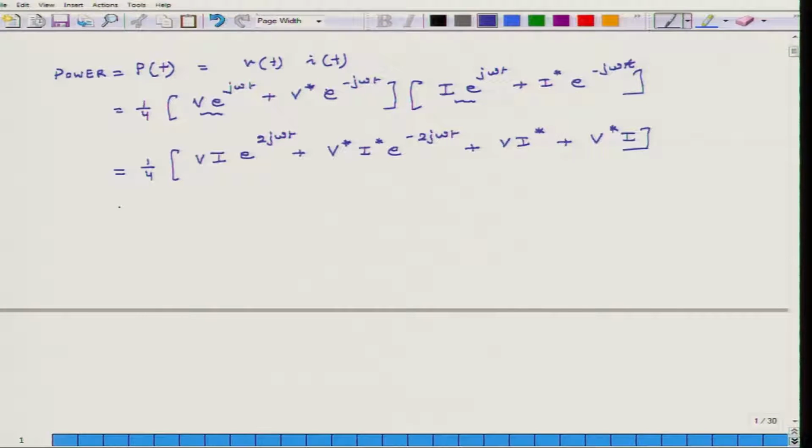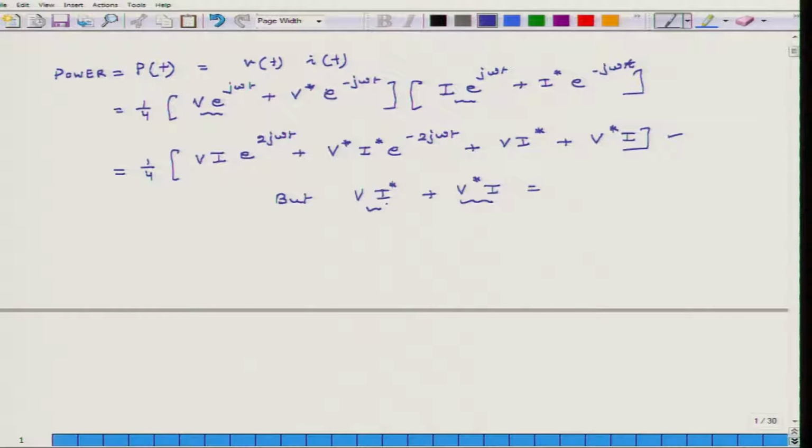Now we realize that V times I star plus V star times I, okay, V times I star is the complex conjugate of V star times I. So, both these terms are complex conjugates of each other.